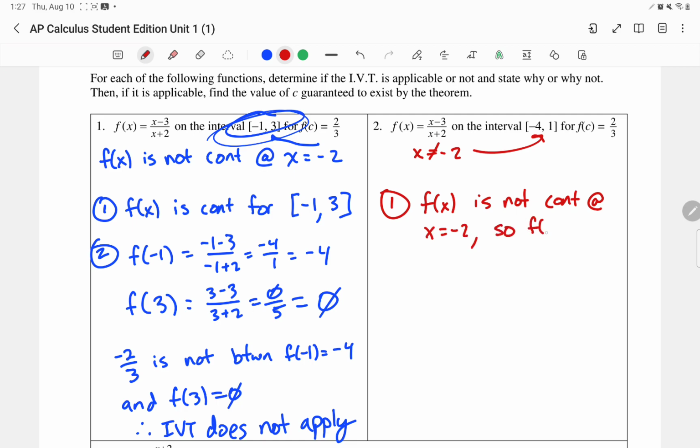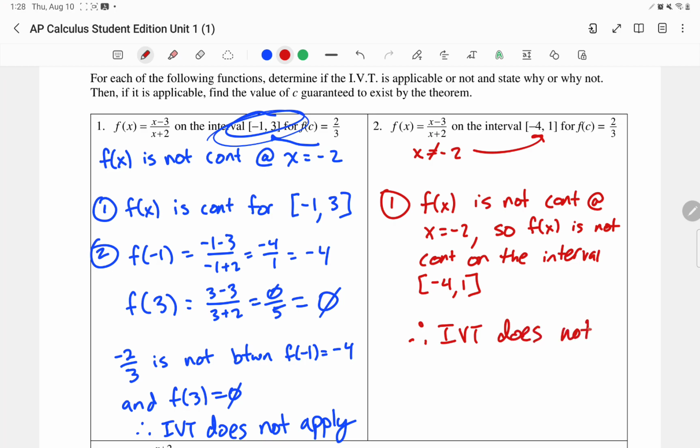So f of x is not continuous on the interval -4 to 1. Therefore, IVT does not apply. You can just stop right there. As soon as one of those two rules fails, you just say IVT does not apply.